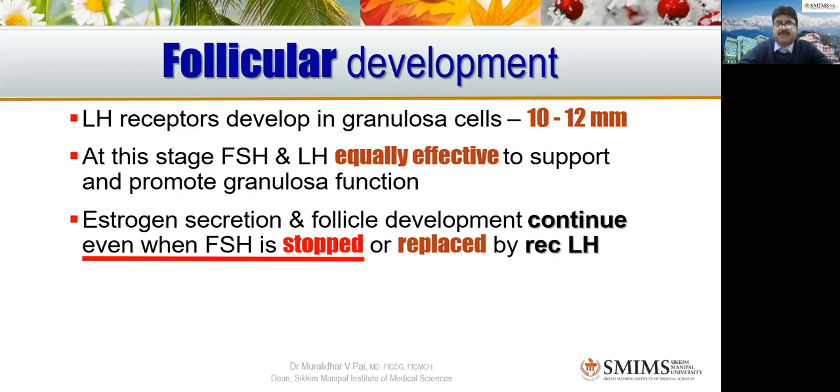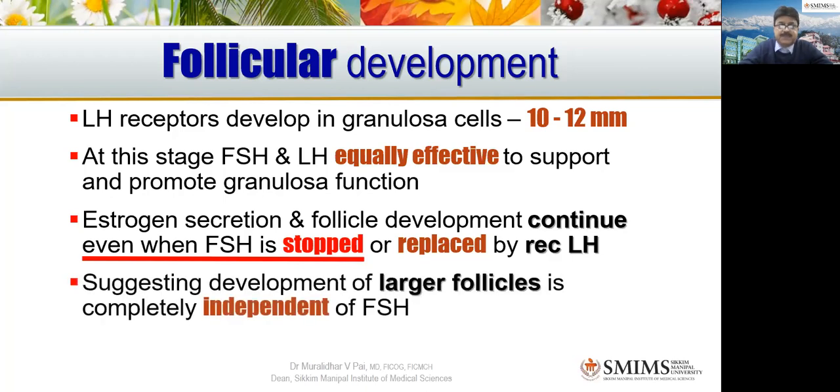So I'm underlining that, even when FSH is stopped, it suggests that development of the larger follicle is completely independent of FSH. That's exactly why most of the protocols, most of the centers, most of the infertility specialists, towards the end, give some amount of recombinant LH. Also, it is going towards the LH surge, isn't it? So we are moving in that direction. That's the natural process that is happening.